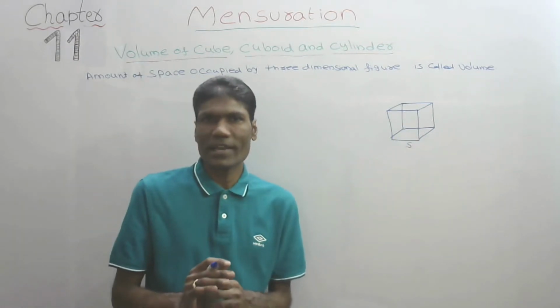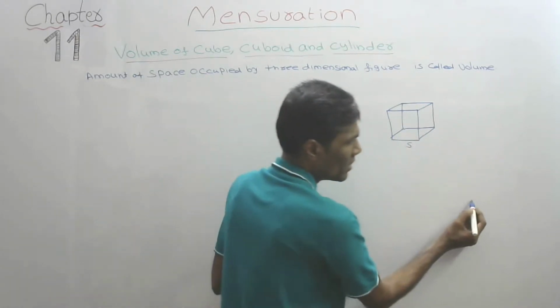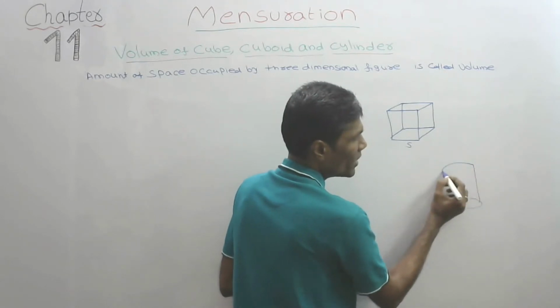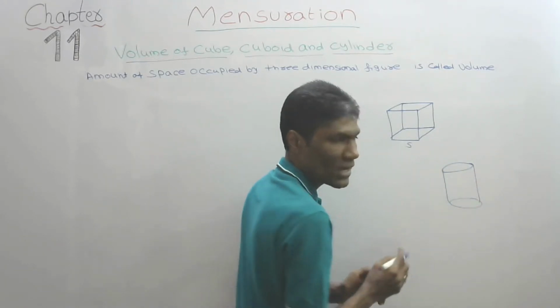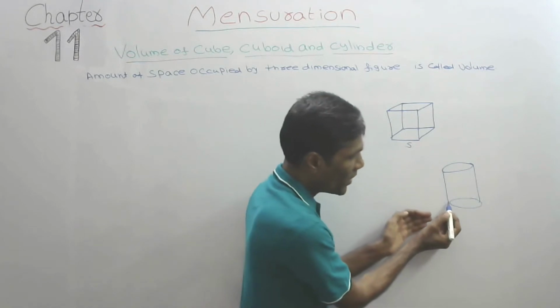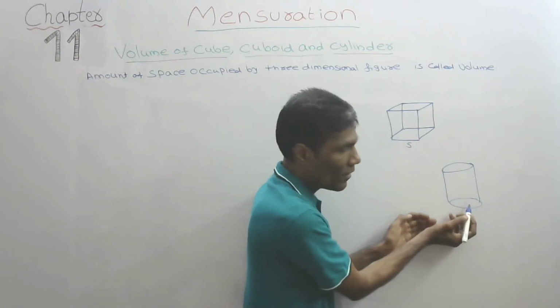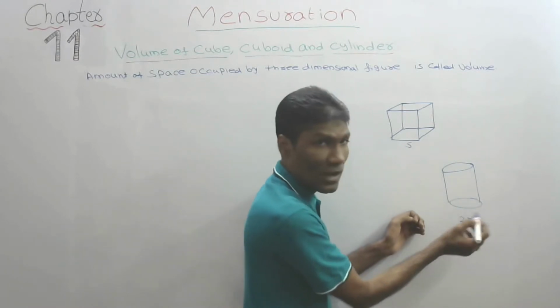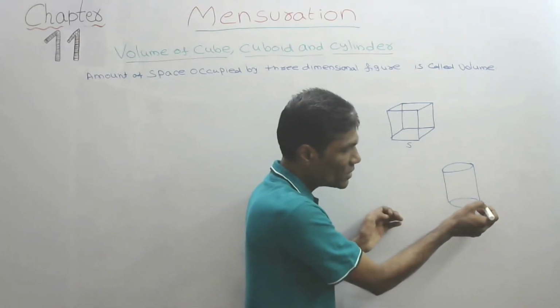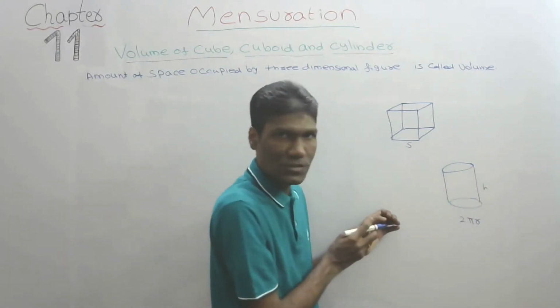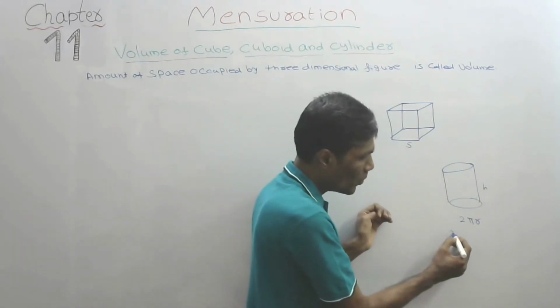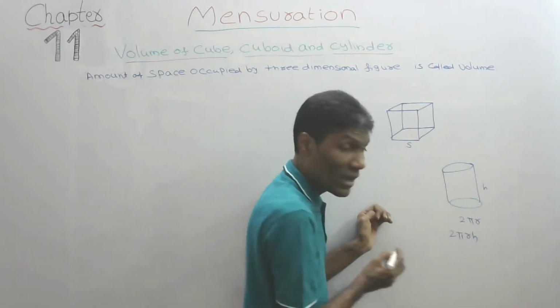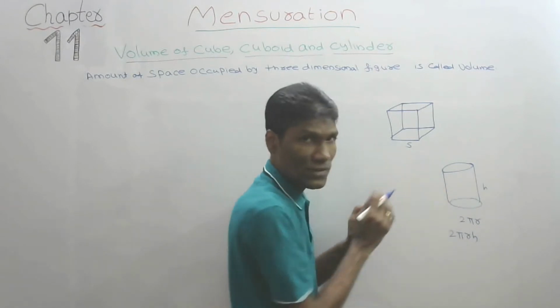Now, if you remember, for example, if we want to calculate the lateral surface of a cylinder, what did we do? The base we have taken, we have calculated this, say 2 pi r is the circumference. With this we have multiplied h so as to get 2 pi rh as the lateral surface area of this figure.